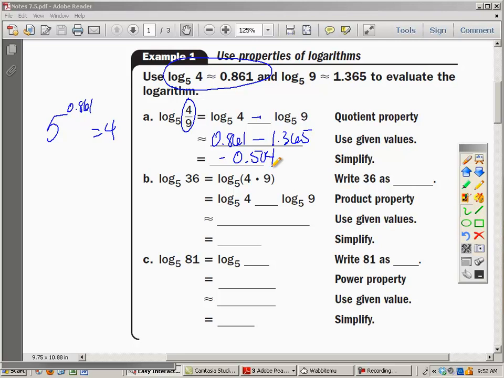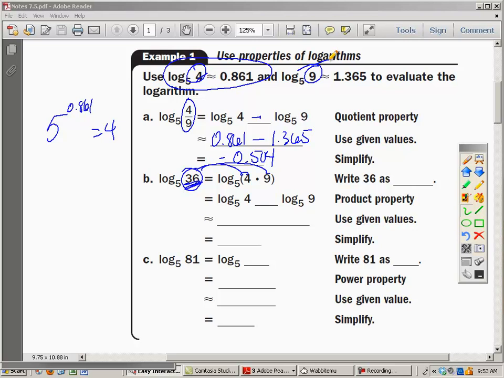All right? Now, this next one's a little trickier because what we do now is says log base 5 of 4 times 9. They were awfully nice about it because they gave it to you as 4 times 9. You know, again, this is now log base 5 of 36, and we can split that into 4 times 9 because those were the two numbers that we had log base 5 of. So it might seem initially like log base 5 of 36, well, I don't have a 36 here. But I can make a 36 by doing 4 times 9, and so that becomes log base 5 of 4 times 9.